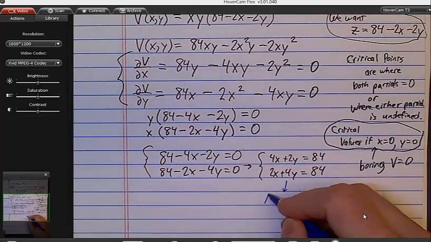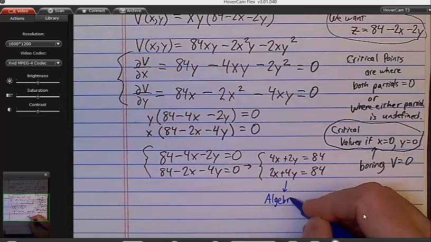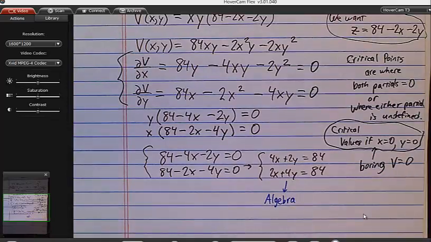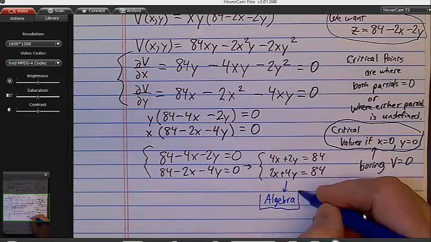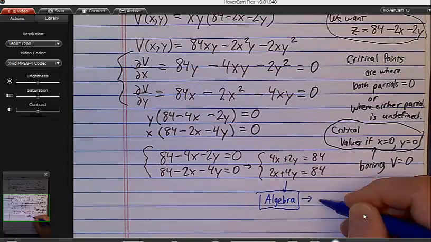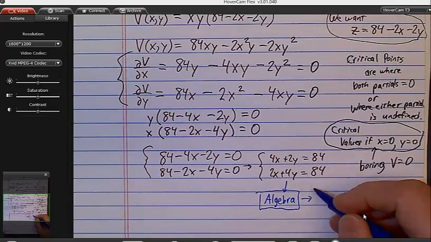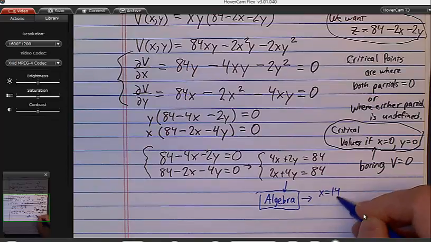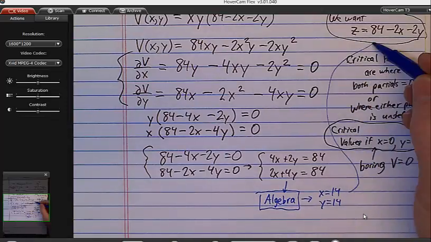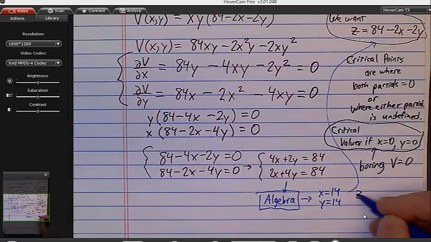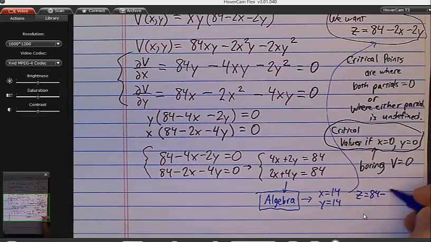And you are in algebra now. So back in algebra, you learned how to solve this. And I agree with Kathy that if you know how to do algebra, which I refuse to put in a Calc 3 class, you should be able to come up with x equals 14 and y equals 14. Once you have that, then what? Come back up here, and so z is 84 minus 28 minus another 28.